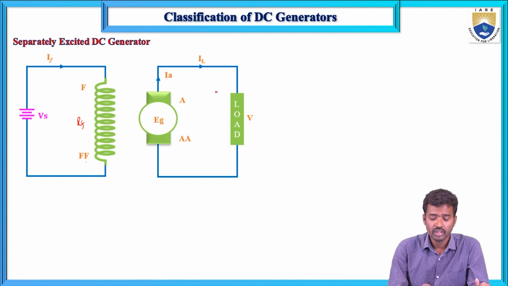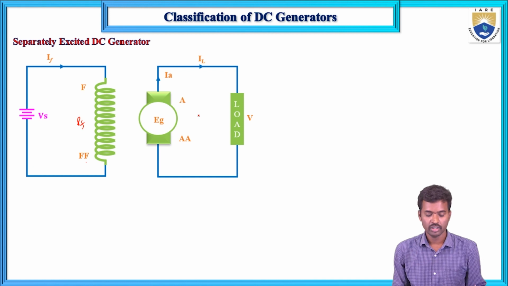If there is no load, no current flows in the circuit. If you connect a load, current flows in the circuit. That current is IL, V is the load voltage or terminal voltage, and IA is the armature current.